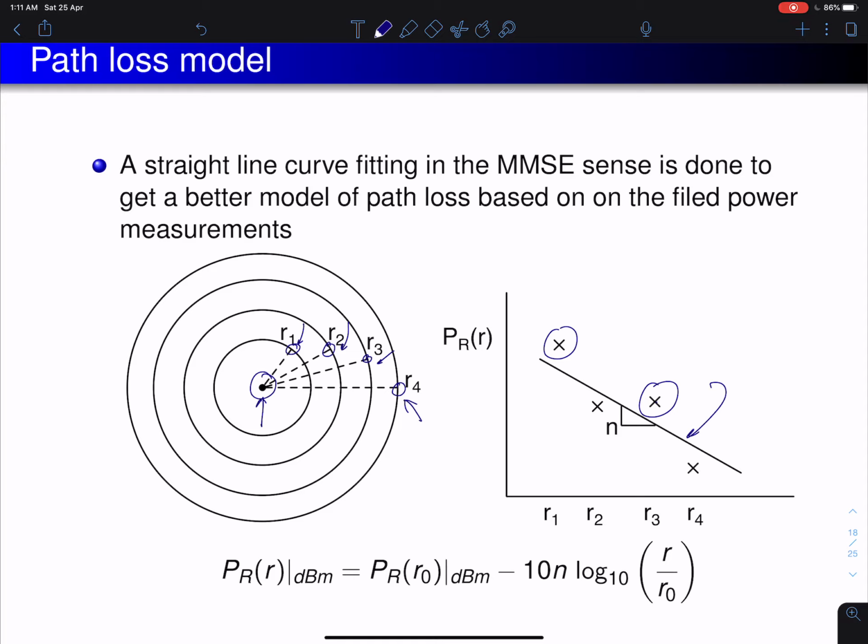Here you should understand the received power is in dBm, and the distance is also in dB, so this is 10 log of r by some reference distance r naught.